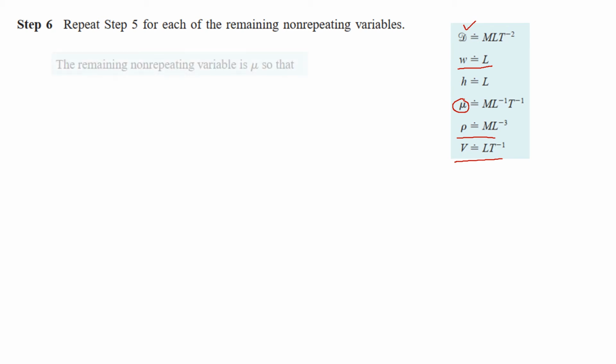So let's do that. The remaining non-repeating variable is viscosity, so our pi3 becomes viscosity multiplied by the repeating variables, each raised to the power a, b, c, and we will now correctly assume the values of a, b, c to correctly arrange this pi term. So let's do that.